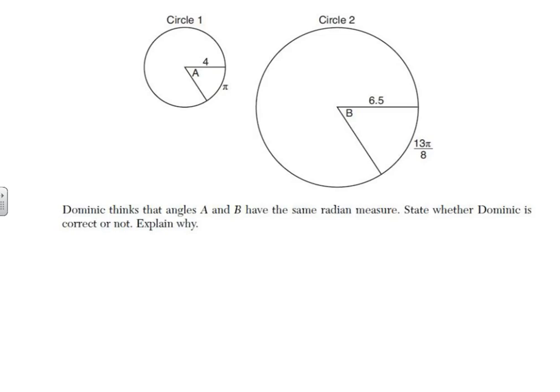Okay, so we could use proportions to do this, or if you'll recall from last lesson, we talked about a formula, S equals r theta. Okay, so S is the arc length, and this is in radians, equals the radius times the central angle.